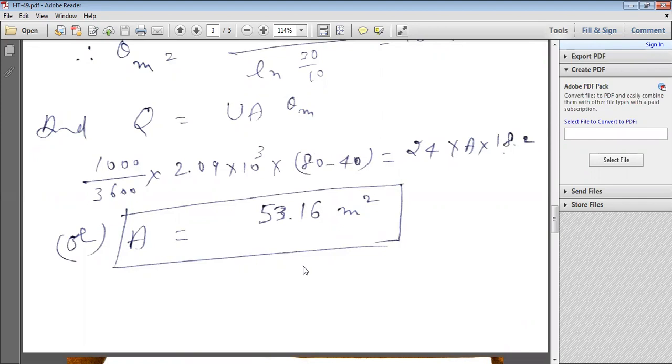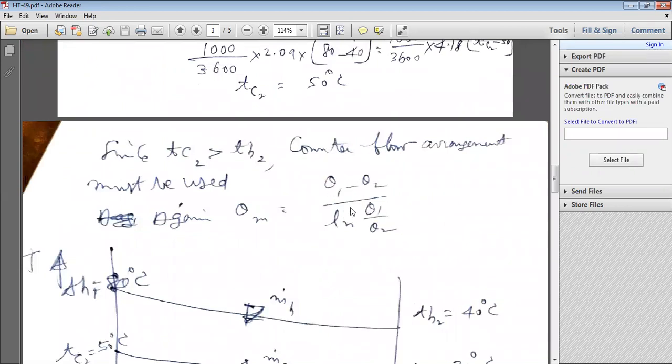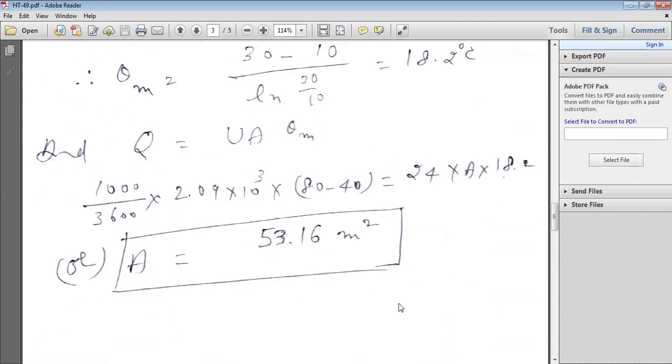Like that, you can solve these types of problems in heat exchangers in an easy manner. But what is required is that you have to know the basic concept of LMTD, and the concept that heat given by the hot liquid is equal to heat gained by the cold fluid. Theta 1 is the temperature difference at the inlet, and theta 2 is the temperature difference at the outlet.